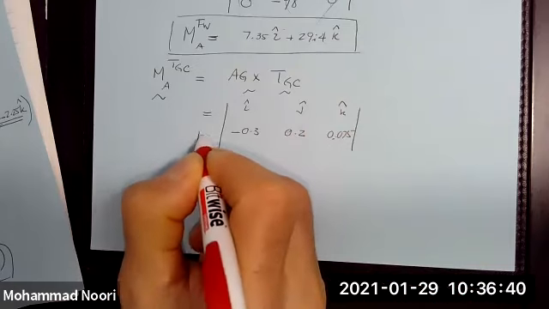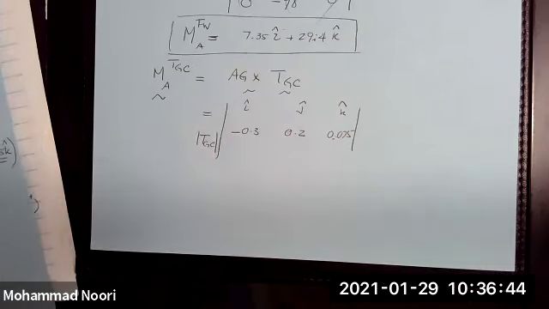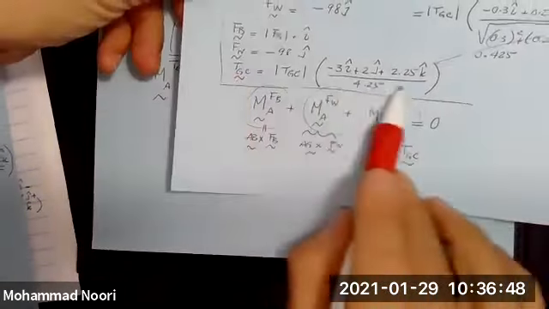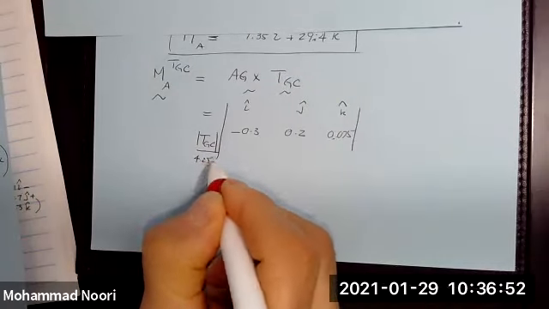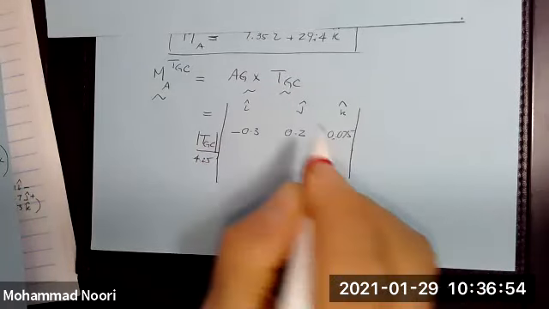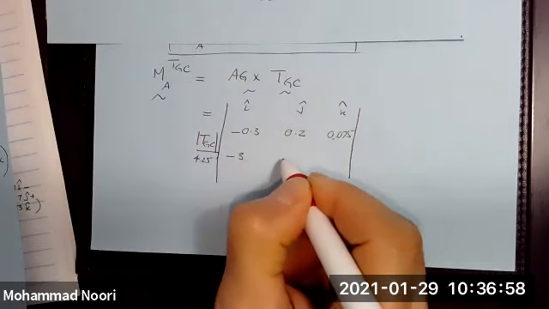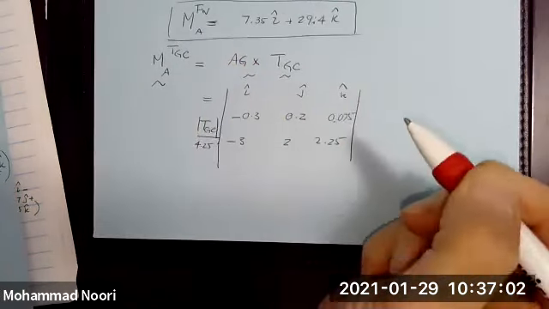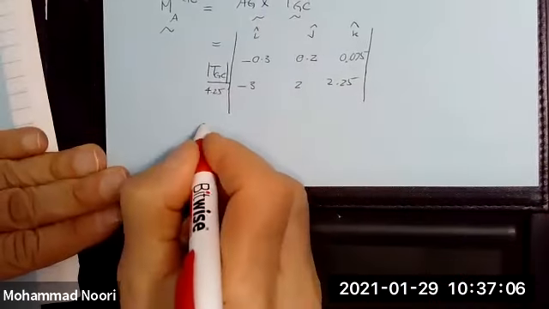And the force is unknown, T_GC. We had worked that force out. This is that force GC. So this is over 4.25, and I have negative 3, 2, 2.25. So let's expand that to find this moment.